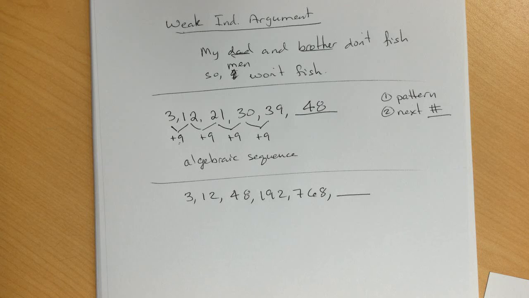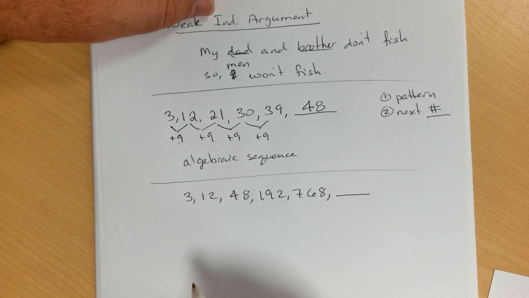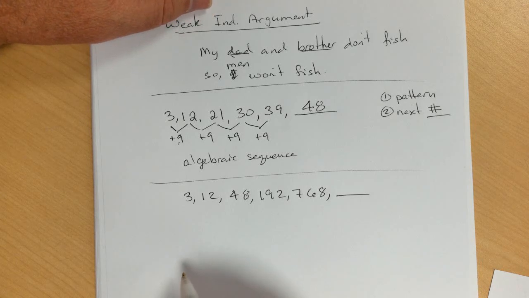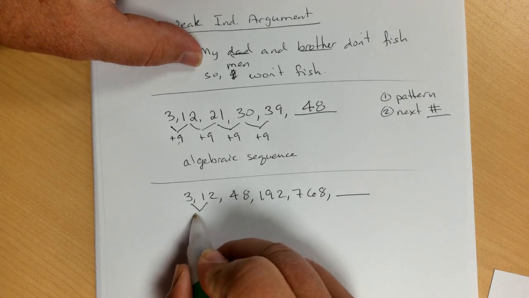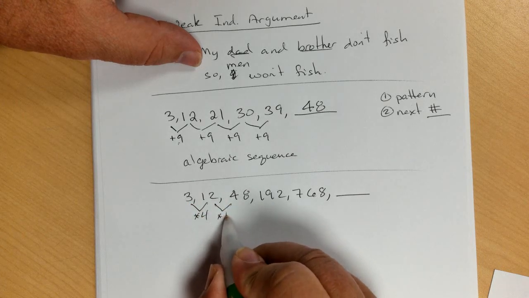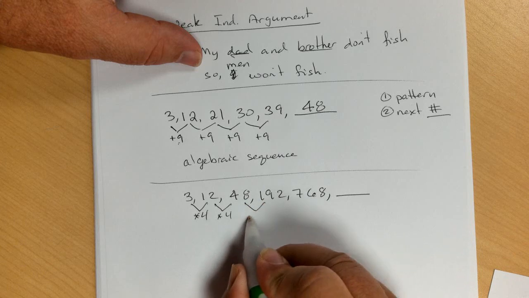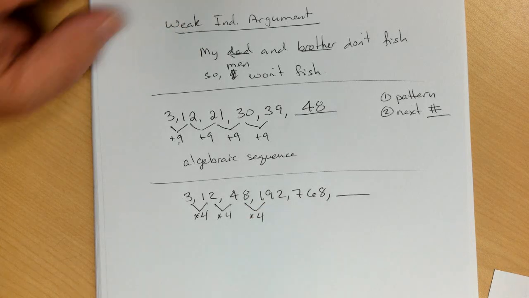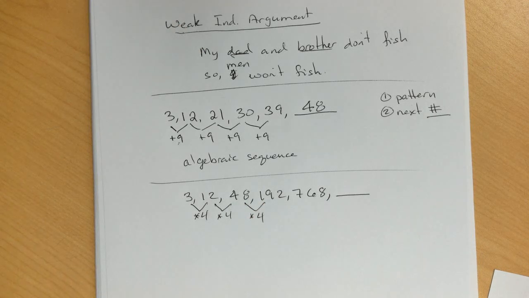I'm going to make copies of this for you. Yes, very good. This one times 4 equals 12. 12 times 4 is 48. 48 times 4, I thought it was going to take you longer than that. Good job.